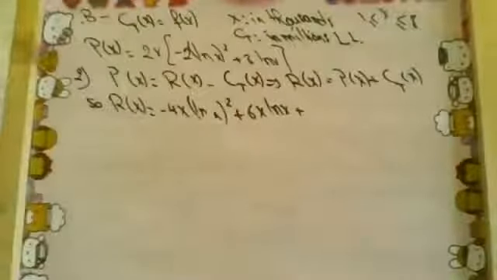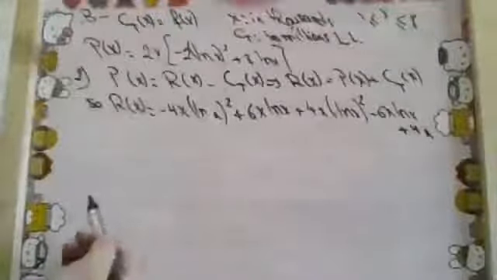The cost is f of x, the given function, 2x times ln x squared. Expand, you get plus 4x ln x squared minus 6x ln x and plus 4x. Simplify.